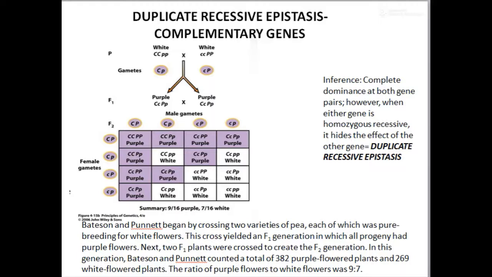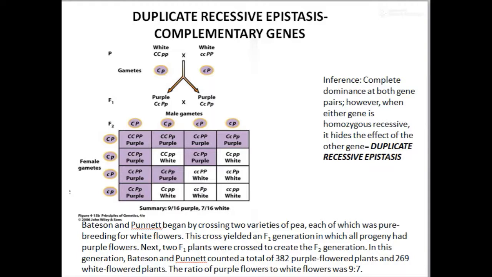When the F1s are crossed against each other to get the F2 generation, different gametes will be formed, and as a result some will bear purple flowers and some will bear white flowers, and the ratio of purple flowers to white flowers is 9 to 7.